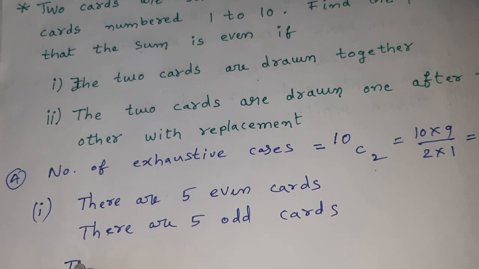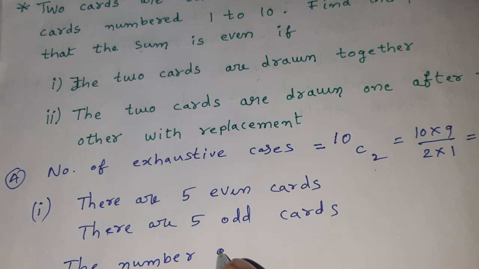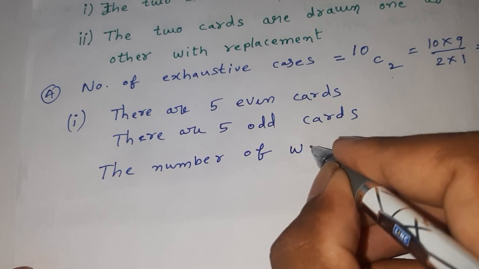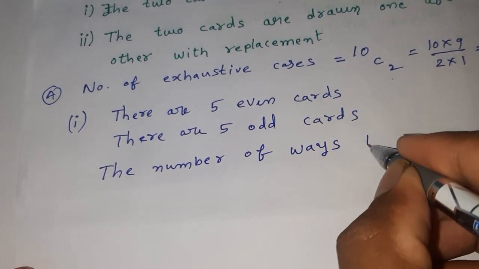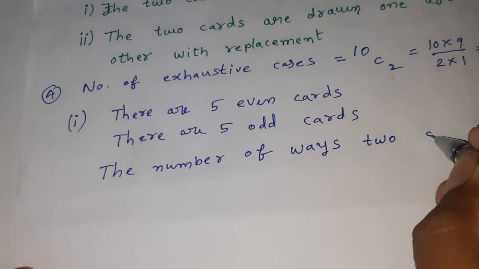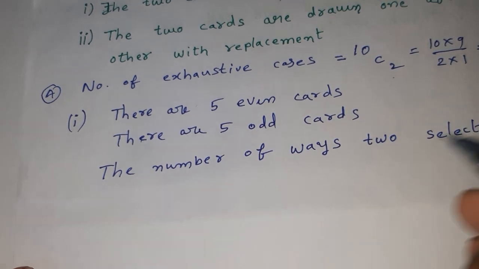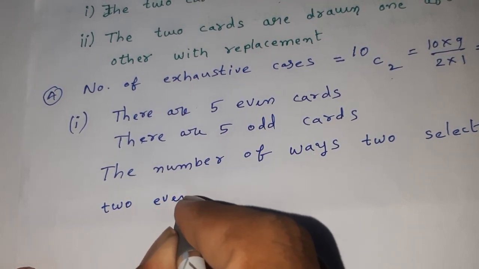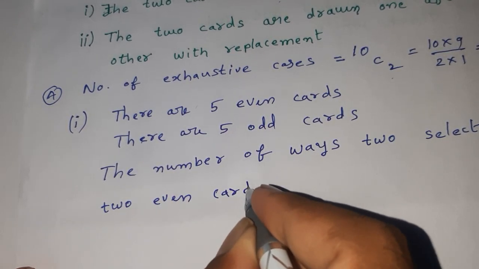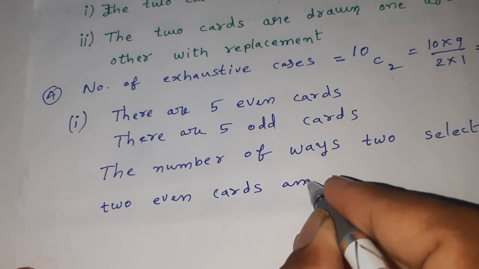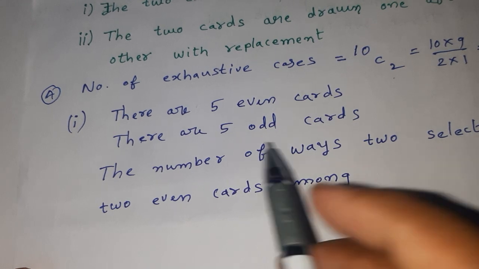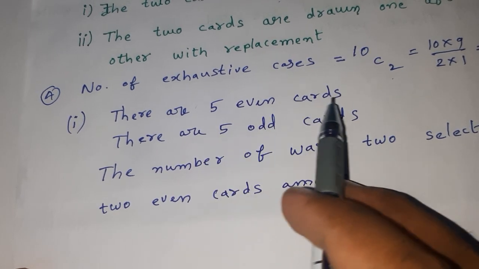Therefore, the number of ways to select 2 even chords among, since we have to select among even chords, how many even chords are there? 5 even chords are there.